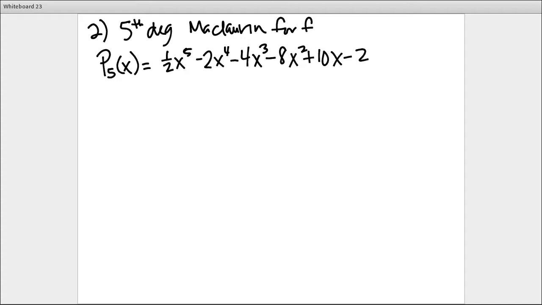They wanted you to find a bunch of the derivatives evaluated at 0. I'm just going to do one of them because you do the rest the same way. I'm going to do the hardest one.